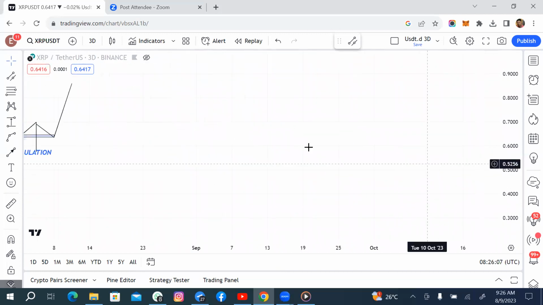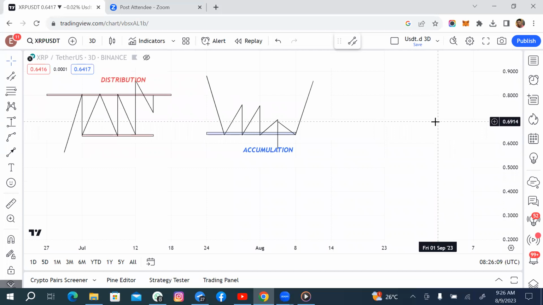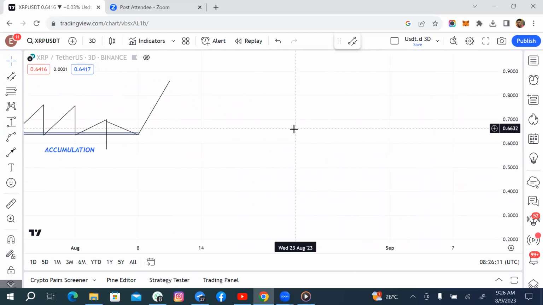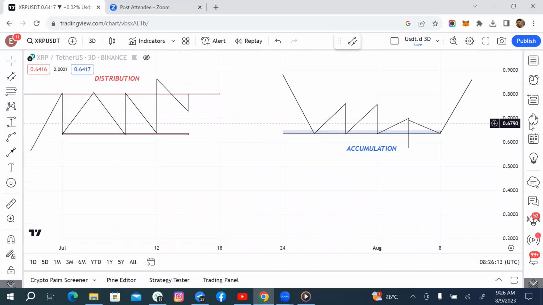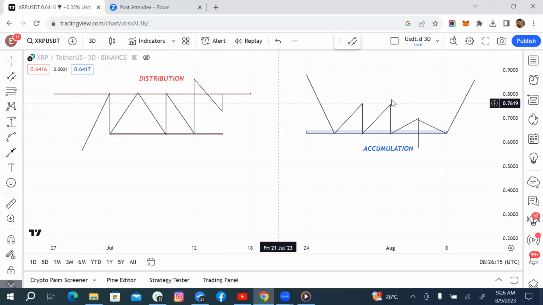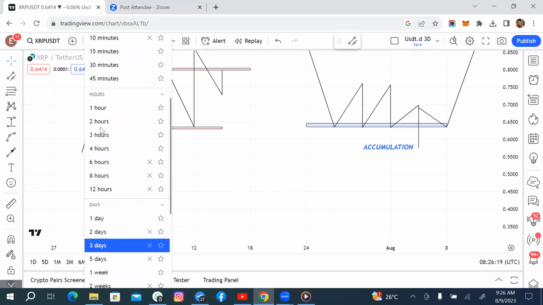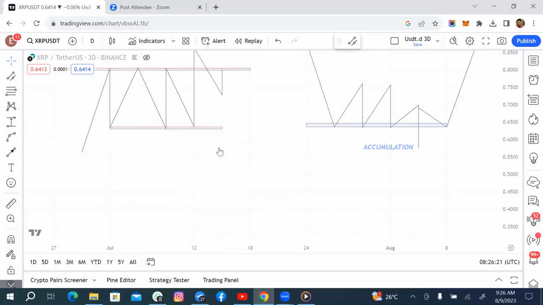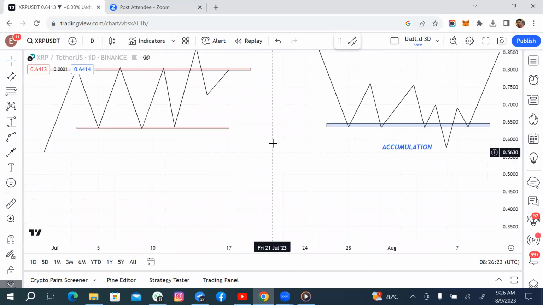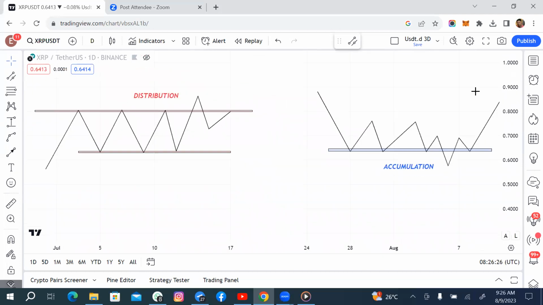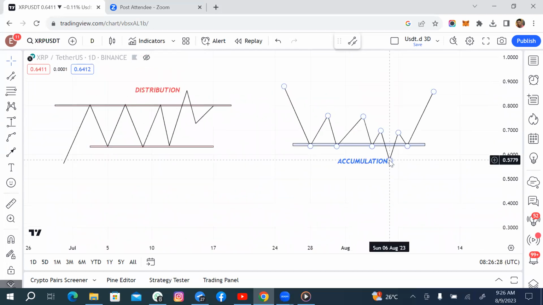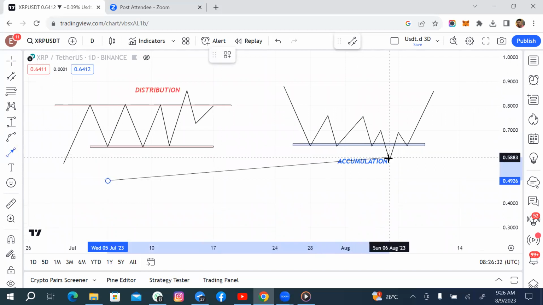Now, you're going to see that we had the exact same thing. Can you see it? Let's put this on the 1 day time frame. So we had the exact same thing. Do you see that level, which was a recovery?